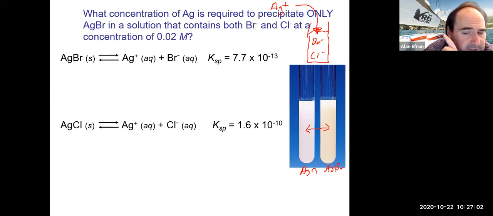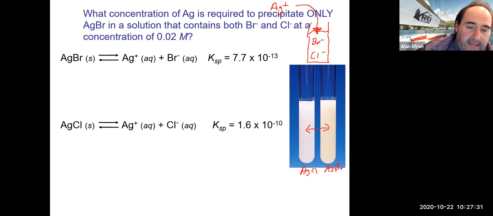We want to precipitate it out as silver bromide and leave the chloride still floating around in the solution. We could use the Ksp of each of those to help us do that. So what we need to know is how much silver we can add to start the precipitation of just silver bromide, but really not precipitate out the chloride that's in that solution.